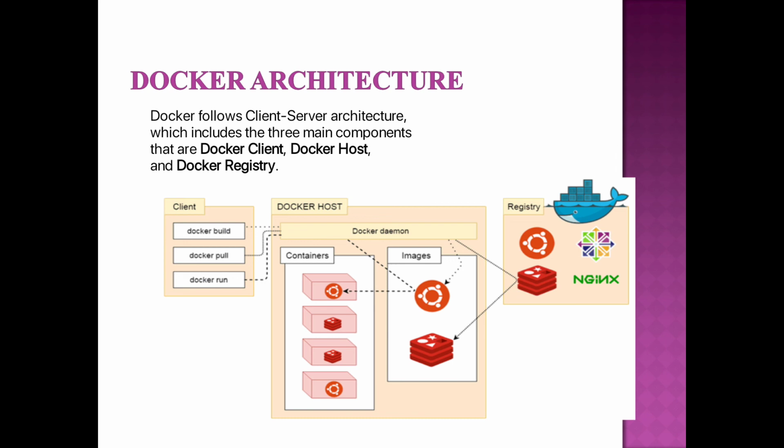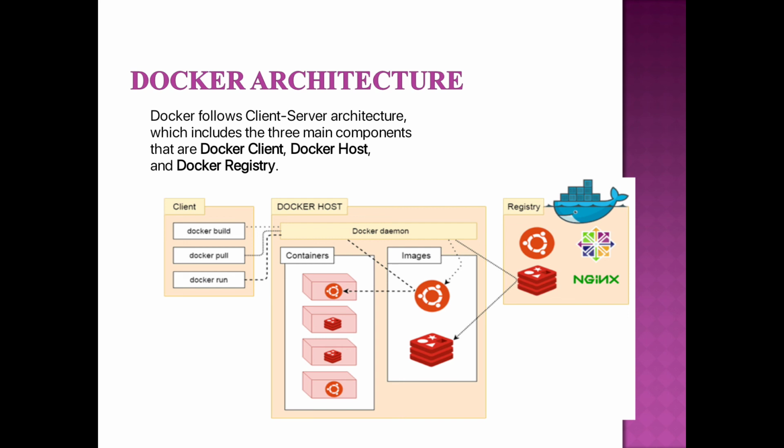So the major functionality of the second main component of your Docker architecture, the Docker host, is to provide execution and running of applications with the help of the Docker daemon, Docker images, Docker containers, networks, and storage. That is the second major component.